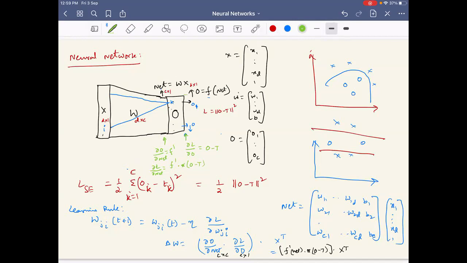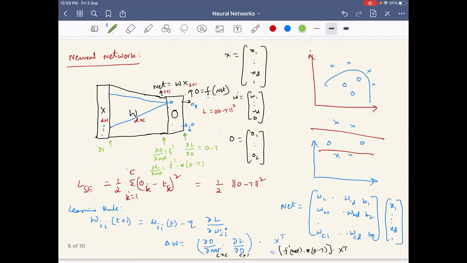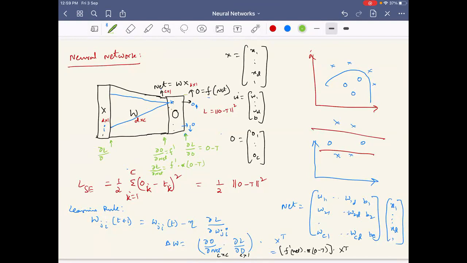Now, we are not interested here in dou L by dou X, but subsequently we may be interested in writing that. We'll see how to write it.